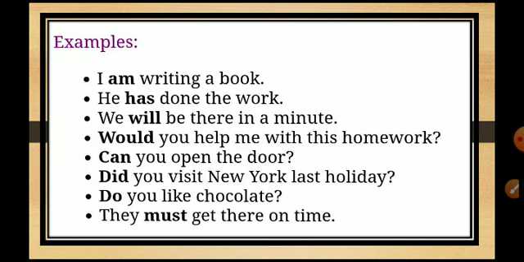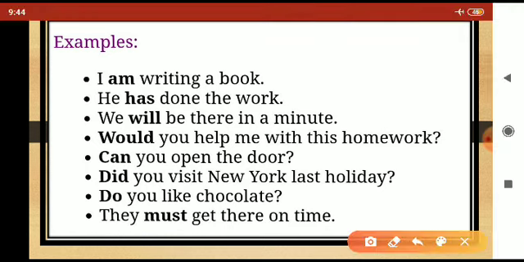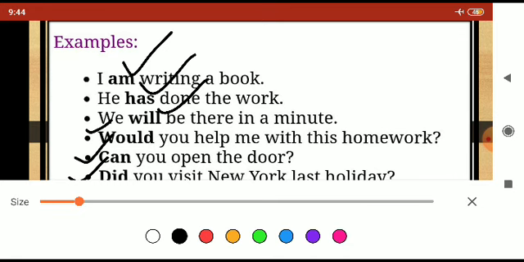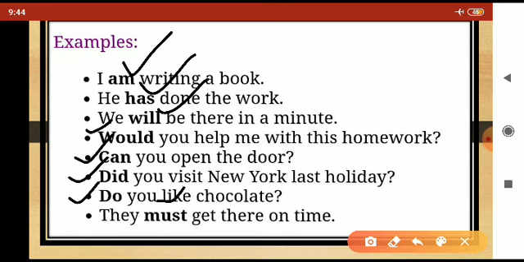Did you visit New York last holiday? Do you like chocolate? They must get there on time. So in these examples, we have am, has, will, would, can, did, do, and must. These are different auxiliary verbs.